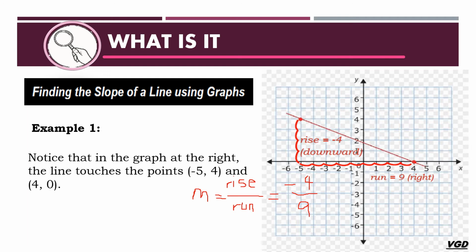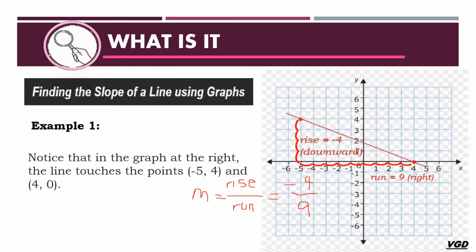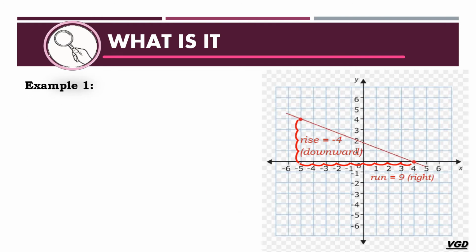And aside from m is equal to rise over run, we also have another method. If a graph is only given, then we can also still use the formula in getting the slope of a line, which is m is equal to y₂ minus y₁ over x₂ minus x₁.